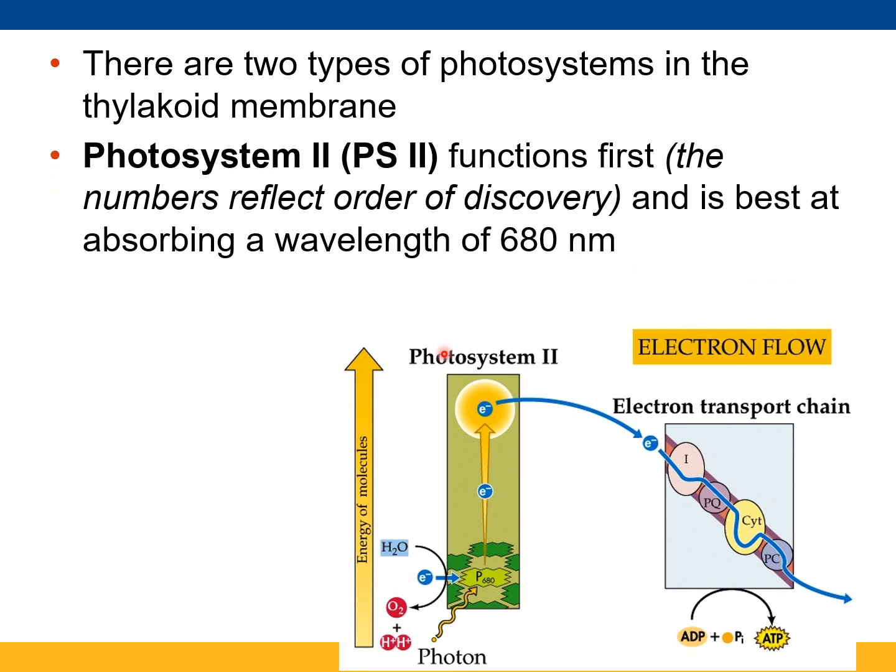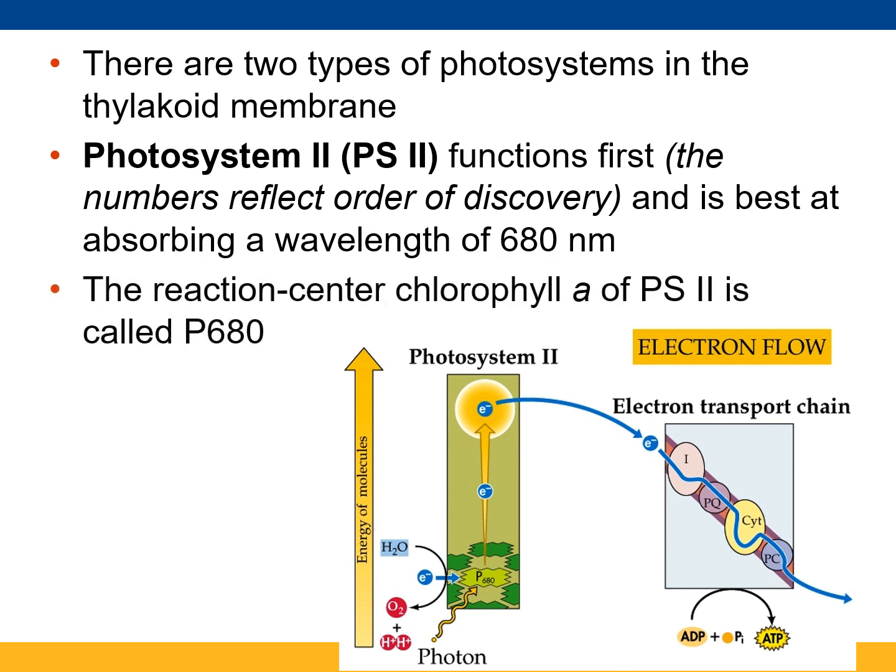So Photosystem II, and it's called Photosystem II because it was discovered second, has that P680, best at absorbing at 680 nanometers. So that's why we call it P680. Once it's been excited and hands off those electrons, it then becomes P680 plus, and it's P680 plus that's going to steal those electrons from water.